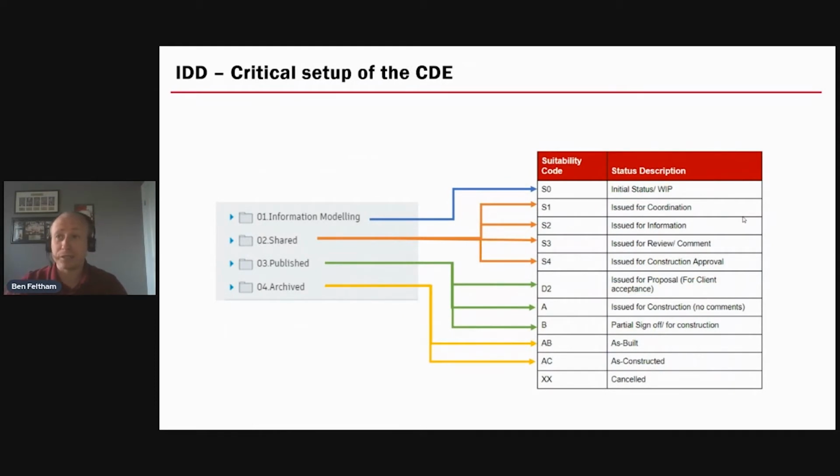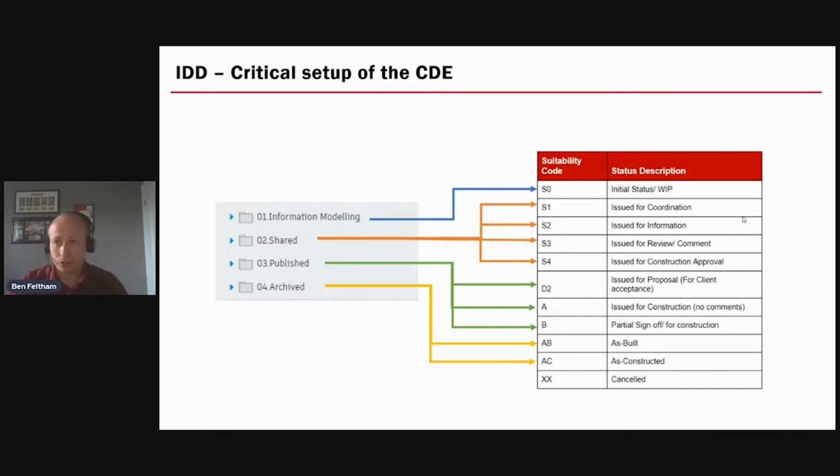So important. And then in terms of our common data environment setup, we had the work in progress area, shared, published, archived. One thing that I'm finding, and hopefully bringing to the market, is this: at the time, in 2018, I used the term suitability code, now status code obviously within the ISO, but that is critical.